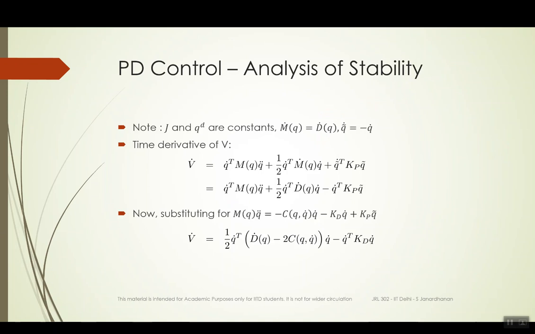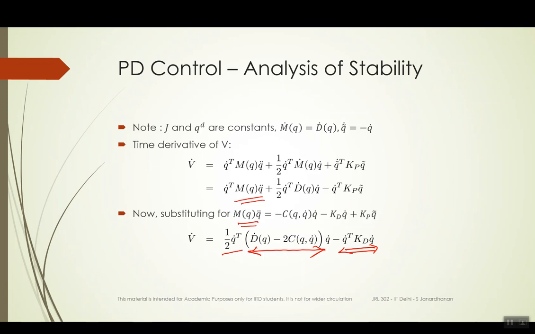However, by substituting for M of q q double dot into this equation, the term simplifies to half of q dot transpose times this term, D dot minus 2C of q comma q dot, and minus q dot transpose Kd q dot.